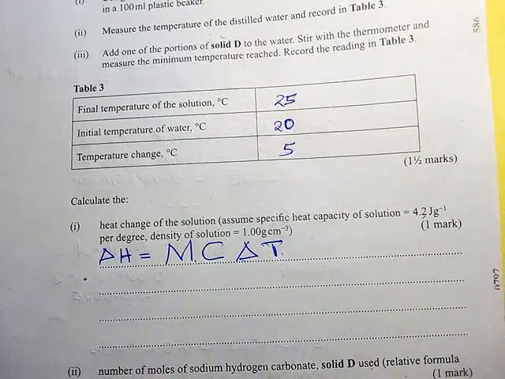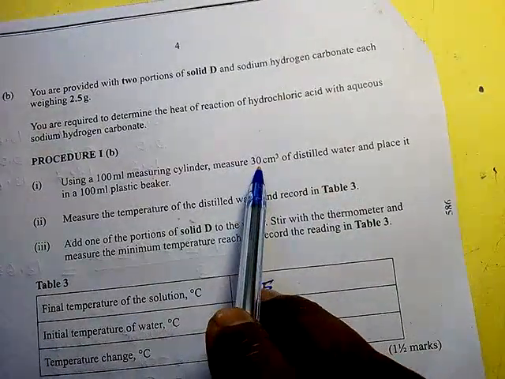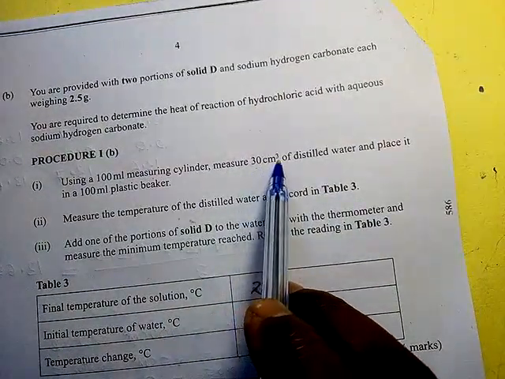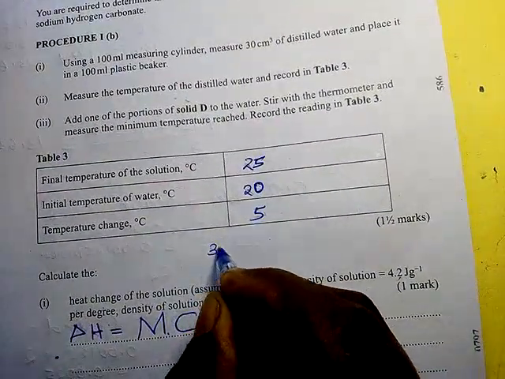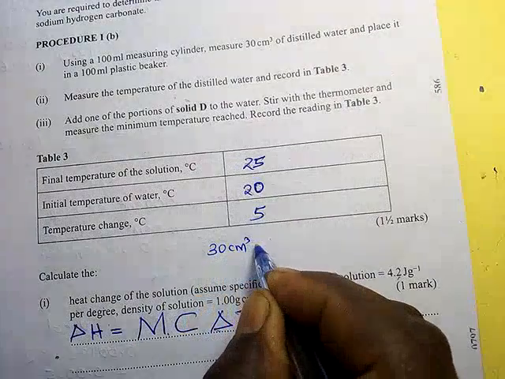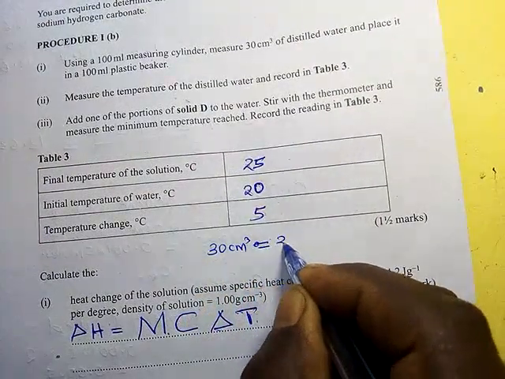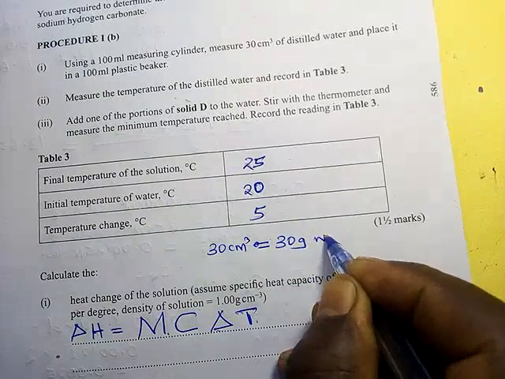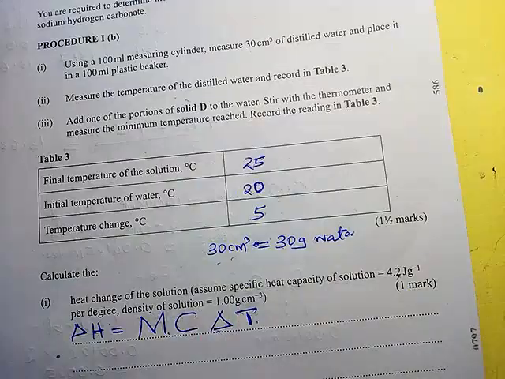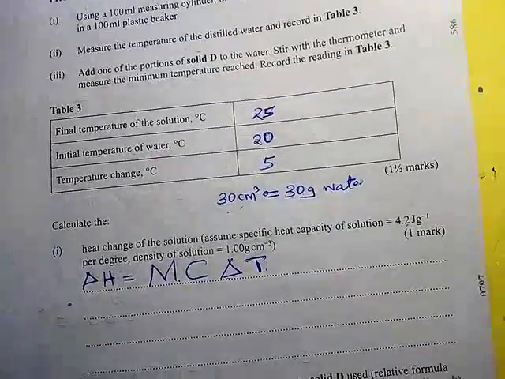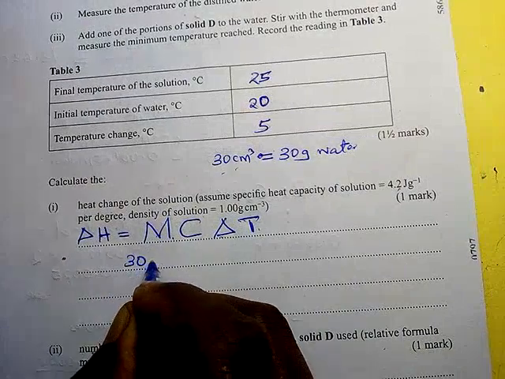Now the mass of the solution: we measured 30 centimeters cube of distilled water. So you should know that 30 centimeters cube of water is equal to 30 grams of water. That one you need to know. Therefore, our mass is 30 grams.